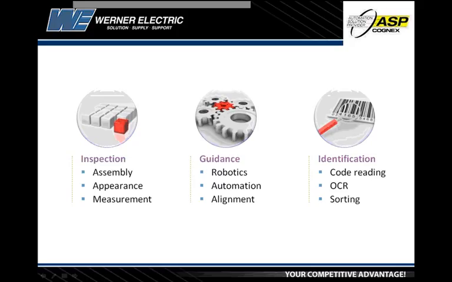Appearance, again, this would be more of a quality thing, like we were talking about earlier. If you know what the best of your bad product looks like and what the worst of your good product looks like, we may be able to find a way to do an automatic inspection to verify the quality of the appearance of the product. This is so important in consumer products, as we'll see later in this show.